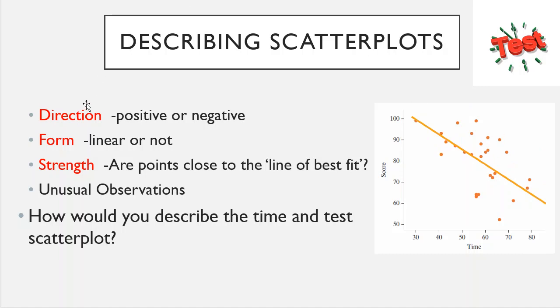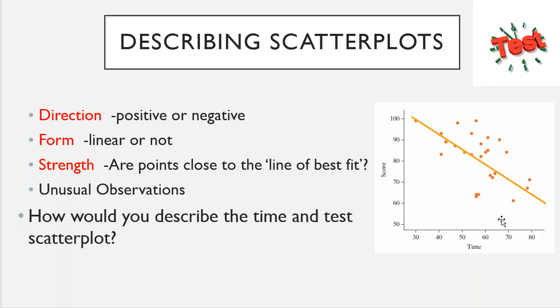And some of the words we want to use: direction. Is it positive or negative? The direction is going down here, so that's negative. Is it linear or not? It could be that the dots are sort of making a curve or something, and then it wouldn't be linear, but if the dots kind of just move down in a straight line, that would be linear. And then the strength. I said there's kind of a trend, but it's not super strong here.